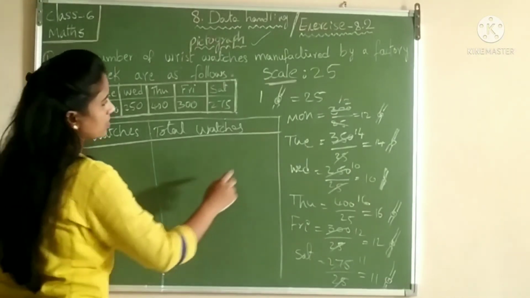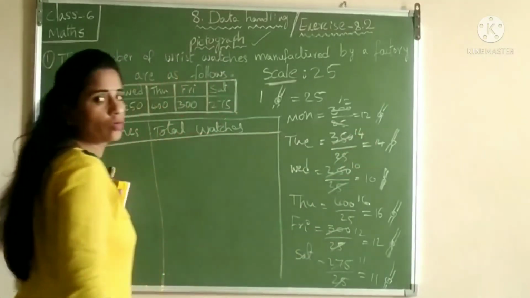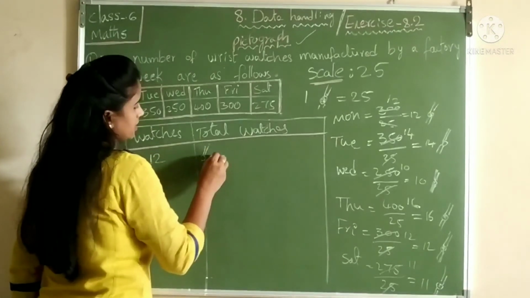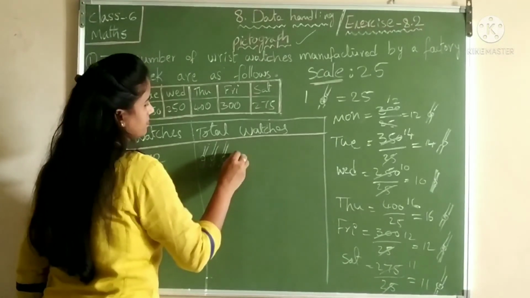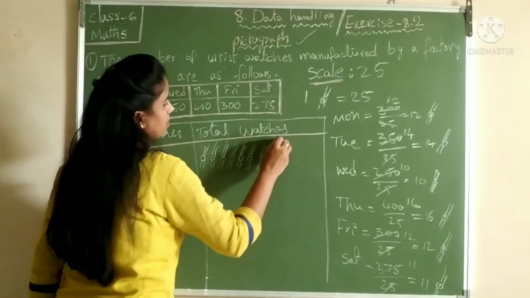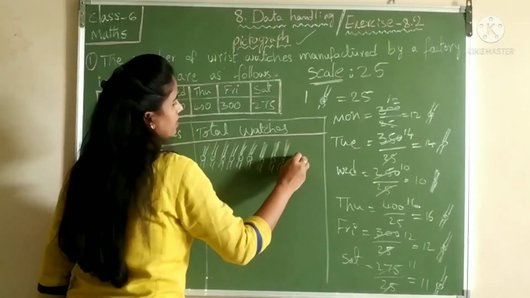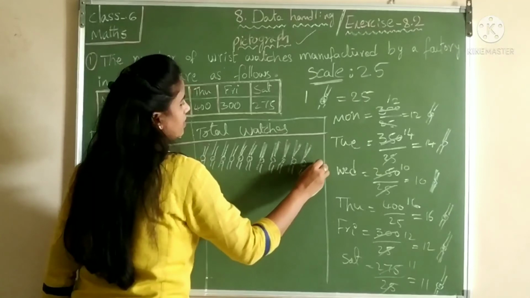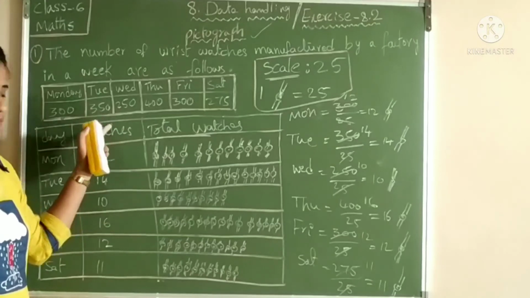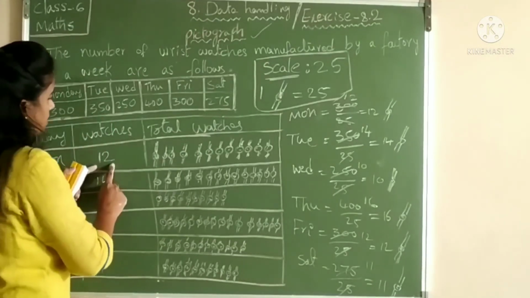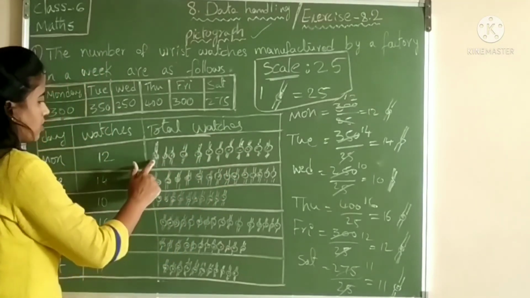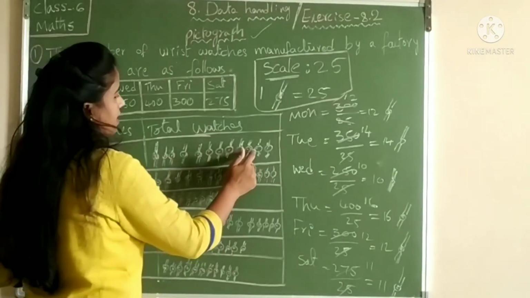Watches: 300 by 25, 12 watches. 12 watches in pictures. Okay, see the pictograph of the given data. Monday, 12 watches in pictures. Draw 12 watches: 1, 2, 3, 4, 5, 6, 7, 8, 9, 10, 11, 12.